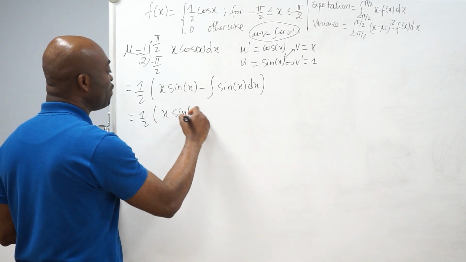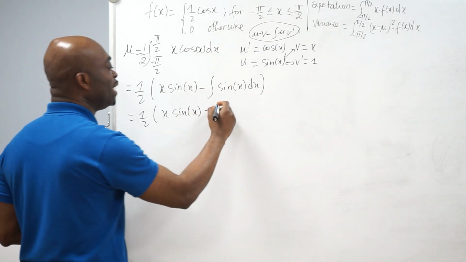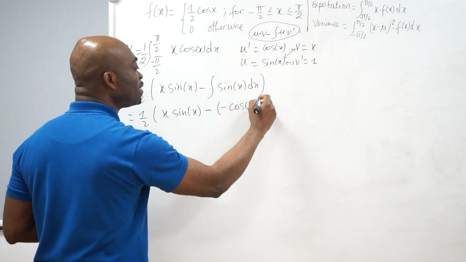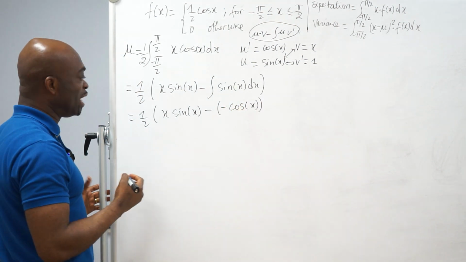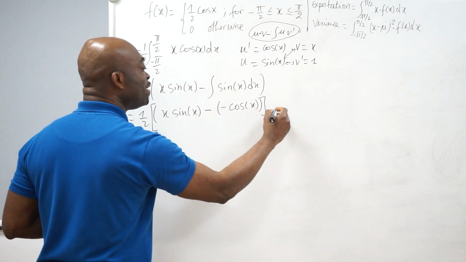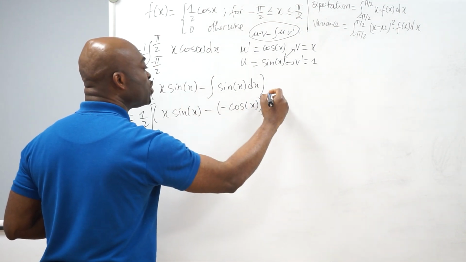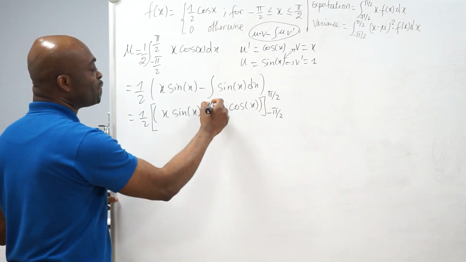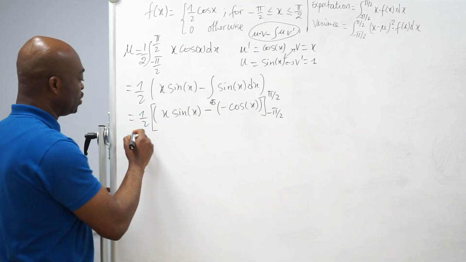So it's x sine of x minus, minus again, cosine of x. No more dx because we're done with that. And then we take it from negative pi over 2 to positive pi over 2. Negative and negative is positive, so we're good on that one. So we come down here.